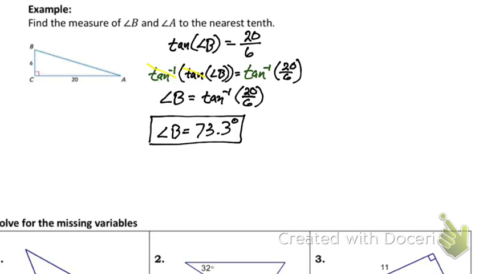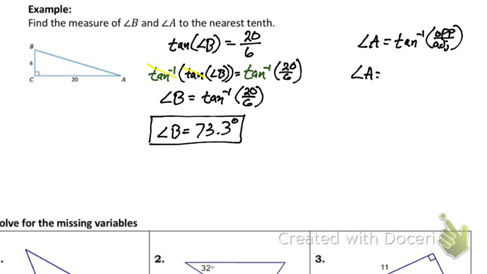The other way we could do it, let's do it with angle A, is to recognize that if I'm looking for an angle, I'm just going to do the tan inverse of opposite over adjacent.